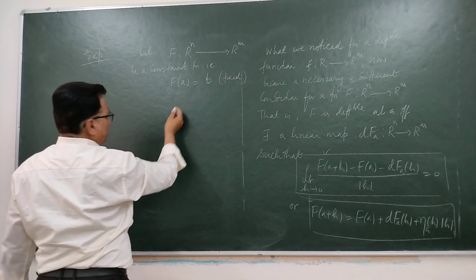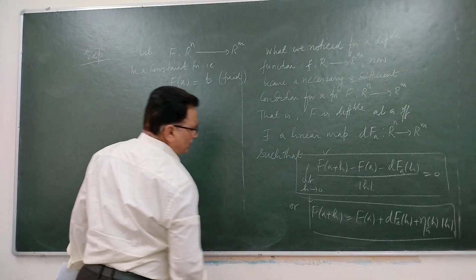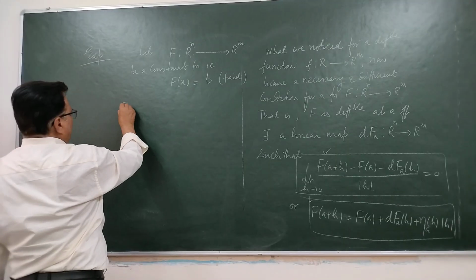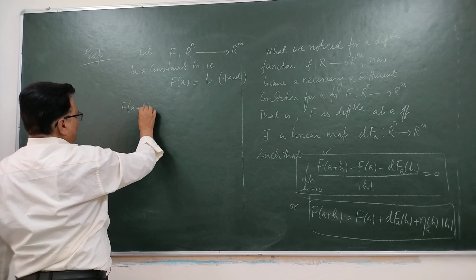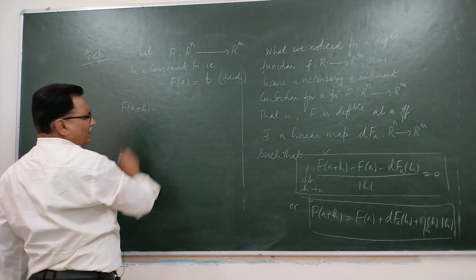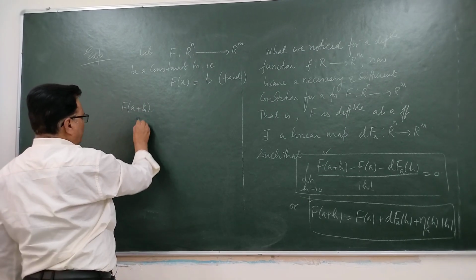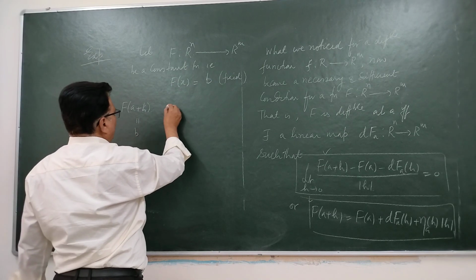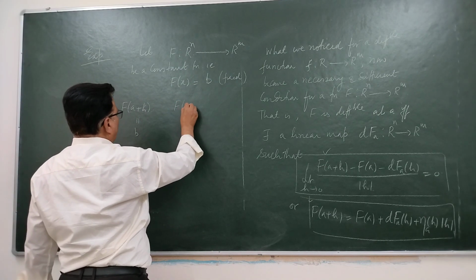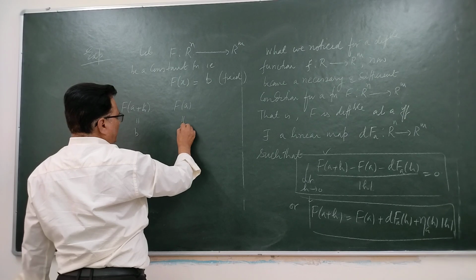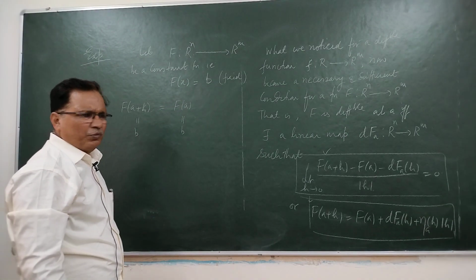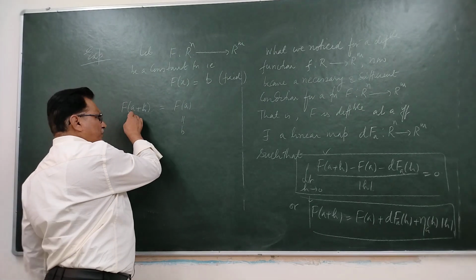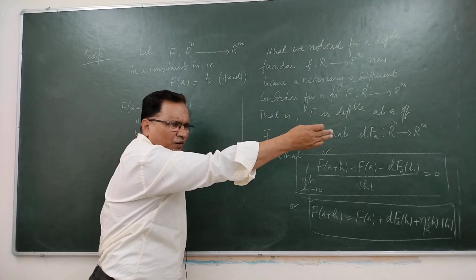So the derivative will be 0, and I have to see this. So f of a plus h will be what? f of a plus h is b. And f of a is what? It is also b. Is it right? So if this is b, the other things are 0.